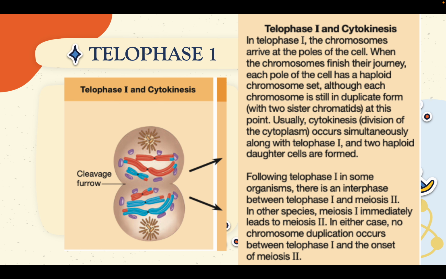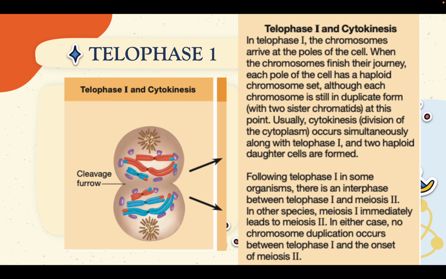The division creates two new cells, and each of them has half the number of chromosomes as the original cells. 23, 23. However, these chromosomes are still in pairs with two parts connected. These new cells are called haploid cells because they only have one set of chromosomes.